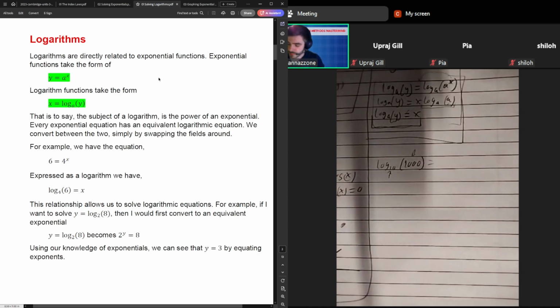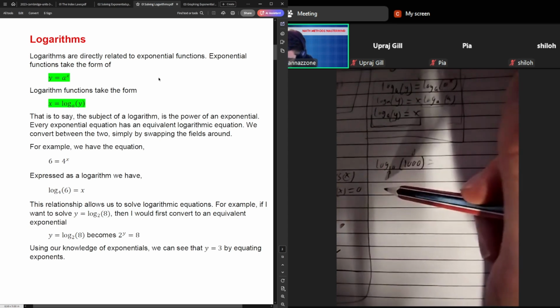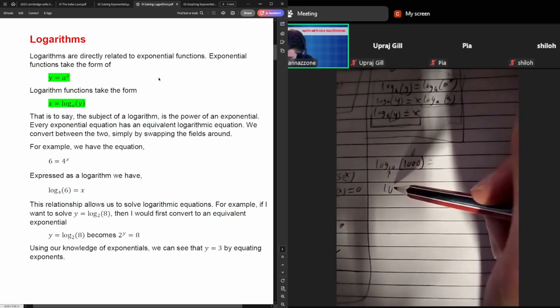How should we proceed from this point here? How do we solve this? Would you sub in potential values for 10 to the power of x? Yeah, that's a brilliant way of doing it. If you're not too convinced on exactly what it would be, then you can test some values. What would you test?